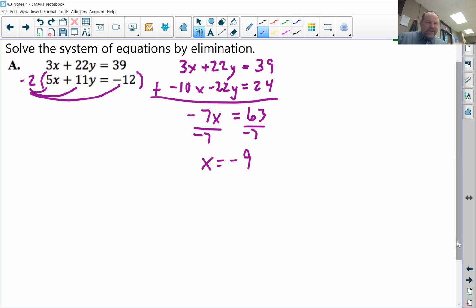Again, I'm going to then take that and plug it into one of my original equations. It does not matter which one you choose. I'm going to choose the first one just because the numbers are a little bit smaller. You could also choose the second one.